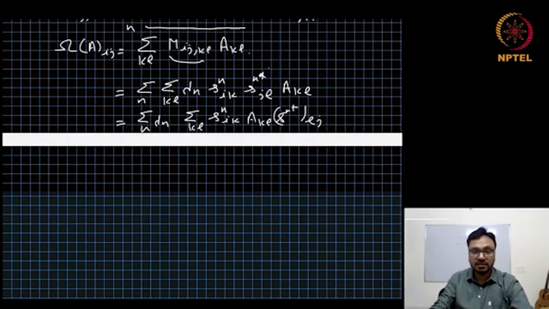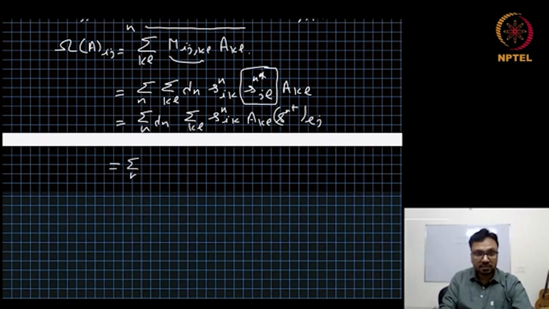The star, the complex conjugate, is there as Sn dagger, and we have interchanged the indices j and l to l and j. So this will be equivalent to the ij element of Sn A Sn dagger.